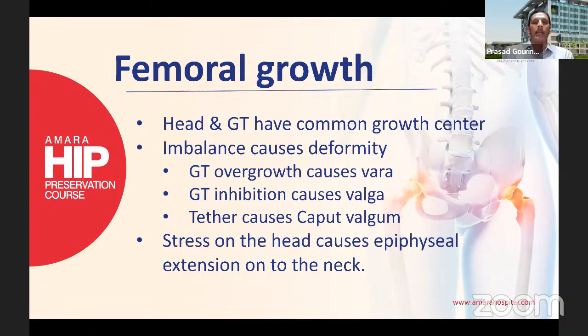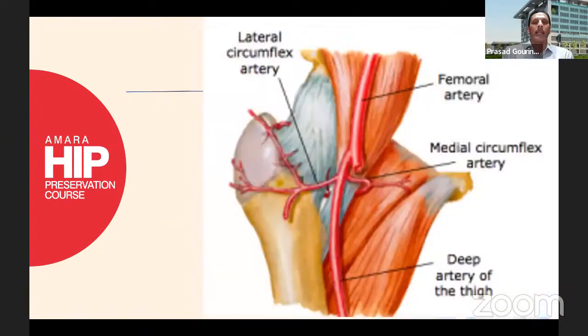Now, the blood supply of the femoral head. Most textbooks show a nice vascular ring, an extracapsular ring, and then they also show a subsynovial ring of anastomosis.